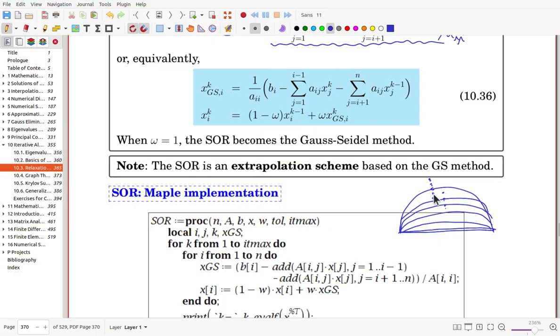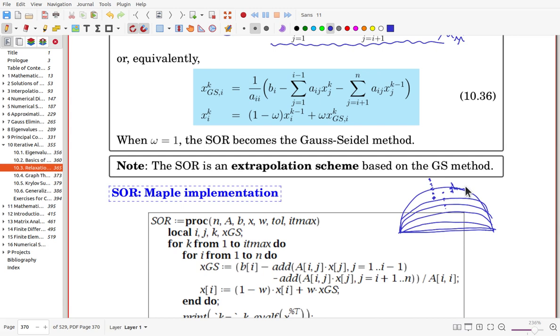Once you reach it from here and reach over there, smaller than 2 means that even though you extrapolate an upper portion over there, the distance is smaller than this distance. So even though around here, the oscillation becomes smaller and smaller, and then reaches the desired solution.